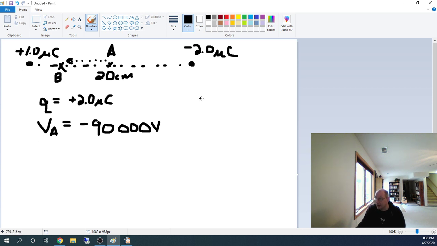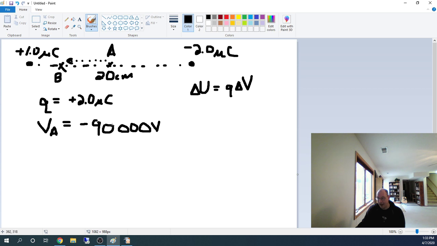And the reason I'm going to do that is that, and I'll write down the general expression over here, the change in the potential energy in going from point A to point B is equal to the charge, which does the moving, times the change in voltage between point A and point B. So we're calculating the difference in the voltage here.